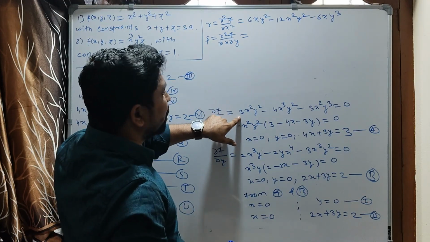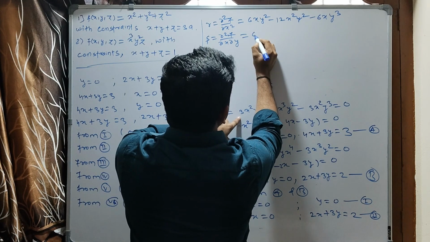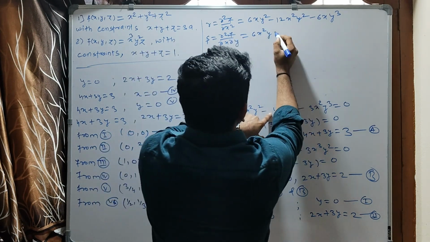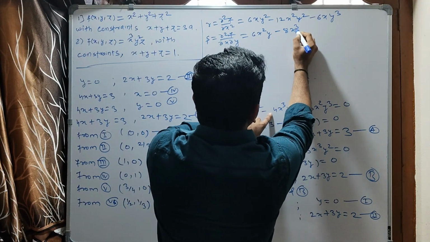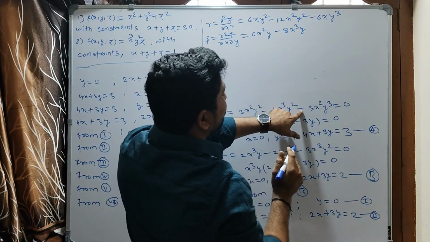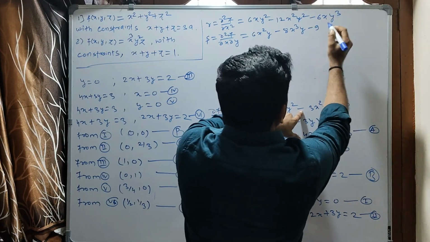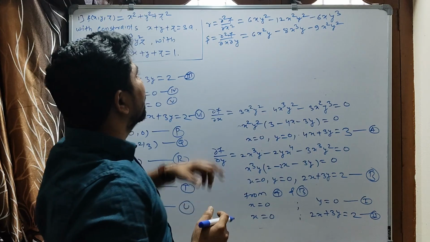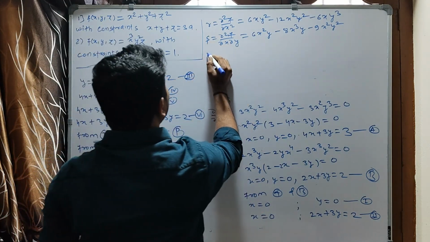So the partial derivative with respect to y gives 6 times 6x square y minus 8 times x to the power 3 y minus 9 x square y square. Now this is my del 2 f by del x del y.